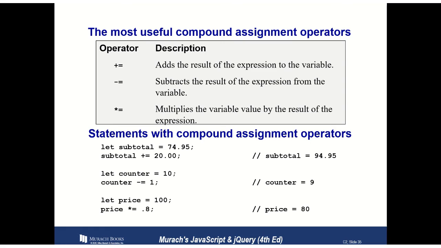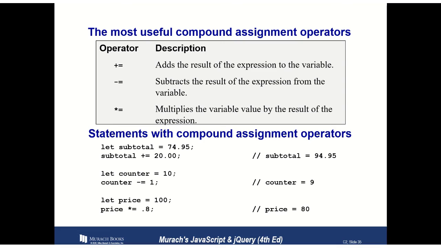The most useful compound assignment operators are like plus equals. Let's say subtotal equals 74.95, and then you do subtotal plus equals 20. That means subtotal is incremented by 20, that is 94.95. And if it is minus equals, then it is decremented by 1.